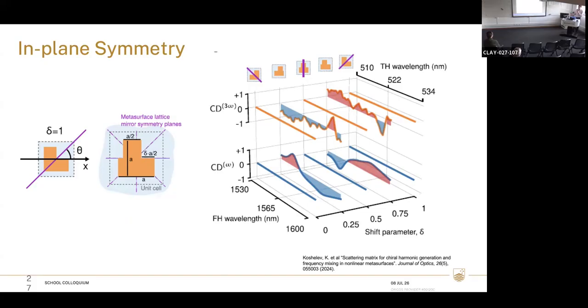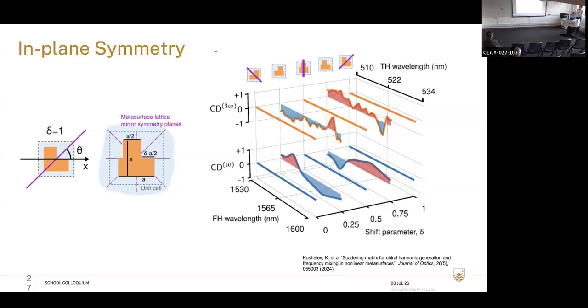However, if we slightly shift this square, this meta-atom becomes chiral because there is no in-plane mirror symmetry, and both linear and nonlinear CD are possible in this case.